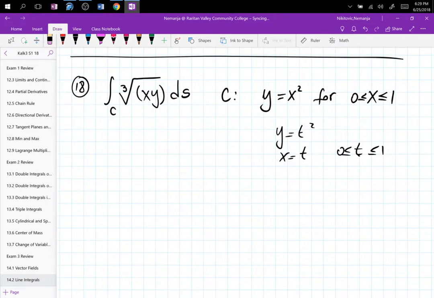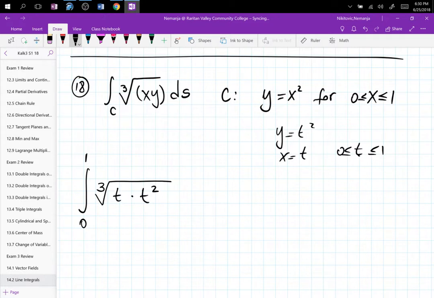So now I have my parametrization, so I can write the integral 0 to 1, and then I have my cube root of, and instead of x I have to write t, and instead of y I have to write t squared.